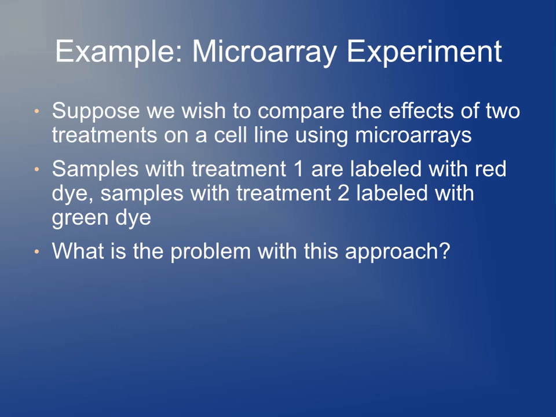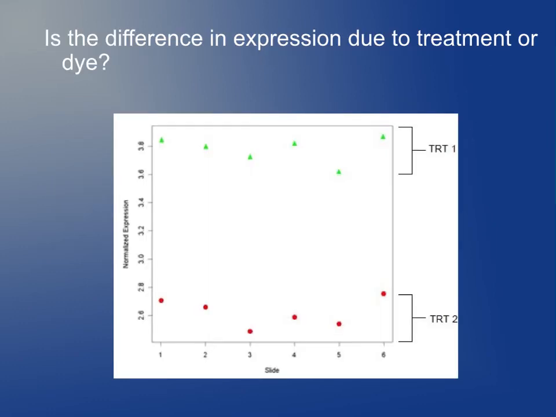And so what would be the problem with this approach? Well, the problem here is that there may be dye bias going on in the experiment. Maybe green dye just always shows a slightly higher expression level than red dye. If that's the case, then as you see in this graph here, it could end up biasing your results.